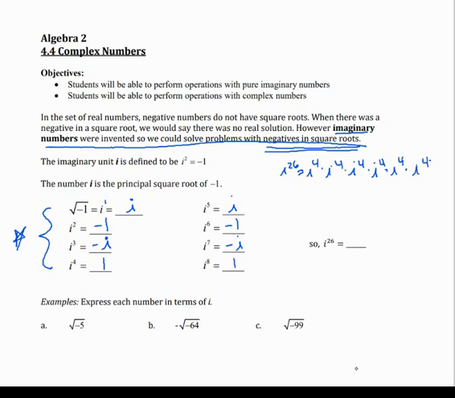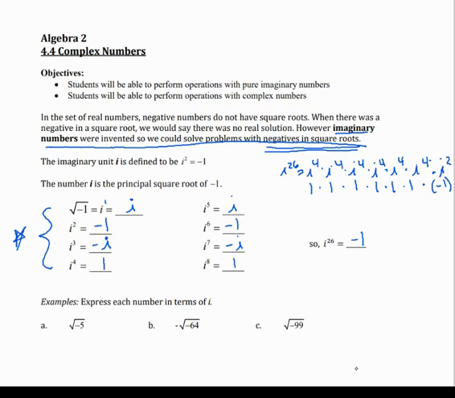That would be 4 plus 4 plus 4 plus 4 plus 4 plus 4 is 24. So I would need 2 more to make 26. Remember, the i to the fourths are all ones. So all I care about is what i squared is, and i squared is -1. So this answer will simply be -1.